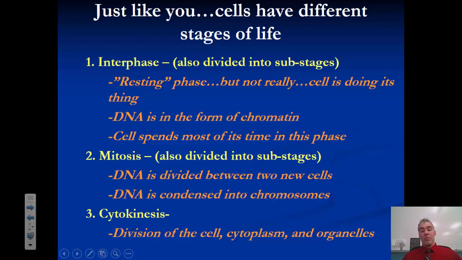But it's also doing its thing, and it spends most of its time in this phase. Mitosis happens relatively quickly. We're going to talk about the different phases of that, and that's essentially where they take the DNA that has been replicated and split it between the two cells. And then cytokinesis is the process of actually pinching the cells into two new cells physically.